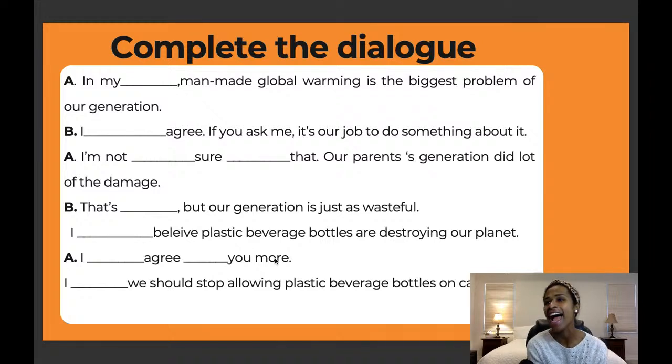It's with I. Awesome, we just changed the position. Thank you so much. Yes, that's the way that we write "believe." And we do need an article over there: "Our parents' generation did a lot of damage." It's a lot of damage.